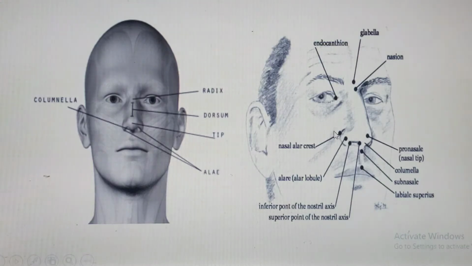Then if I look at the anterior aspect, the superior portion close to the tip, I have the superior point of the nostril axis. Then at the lower portion, I have the inferior point of the nostril axis. These are some minor details that you can look at. Of course, we are not looking at the lip, so we will talk about other details later.